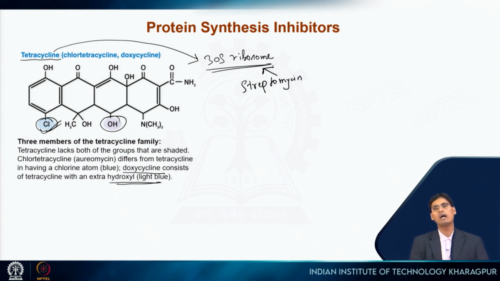And not only the 30S ribosome, there are other antibiotics, for example, erythromycin and, tetracycline I already mentioned, that is not the right one. So erythromycin and what is that? Chloramphenicol, right? Chloramphenicol.